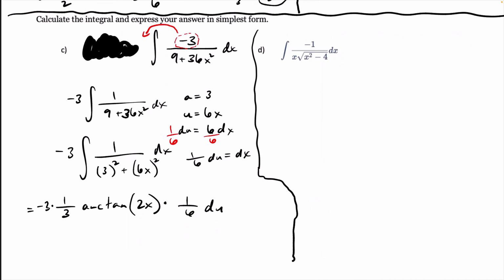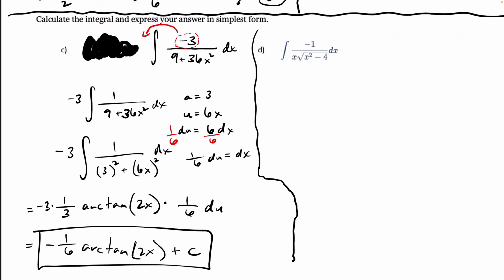Correct me if I'm wrong. Arctangent 2x plus c. Done. You don't have to plug in anything because there's no bounds.